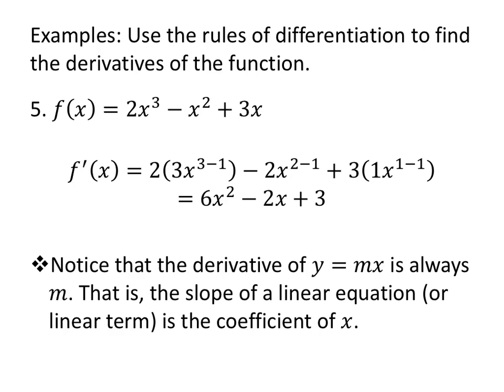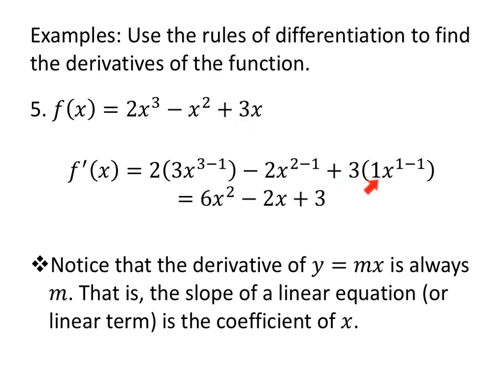Example 5. If f of x equals 2x cubed minus x squared plus 3x, our derivative, 2x cubed, we leave the coefficient 2 alone. Finding the derivative of x to the 3rd, we'll have 3x to the 3 minus 1. We'll simplify that in a minute. Subtraction. The derivative of x squared is 2x to the 2 minus 1, plus the derivative of 3x, I'll leave the 3 alone.